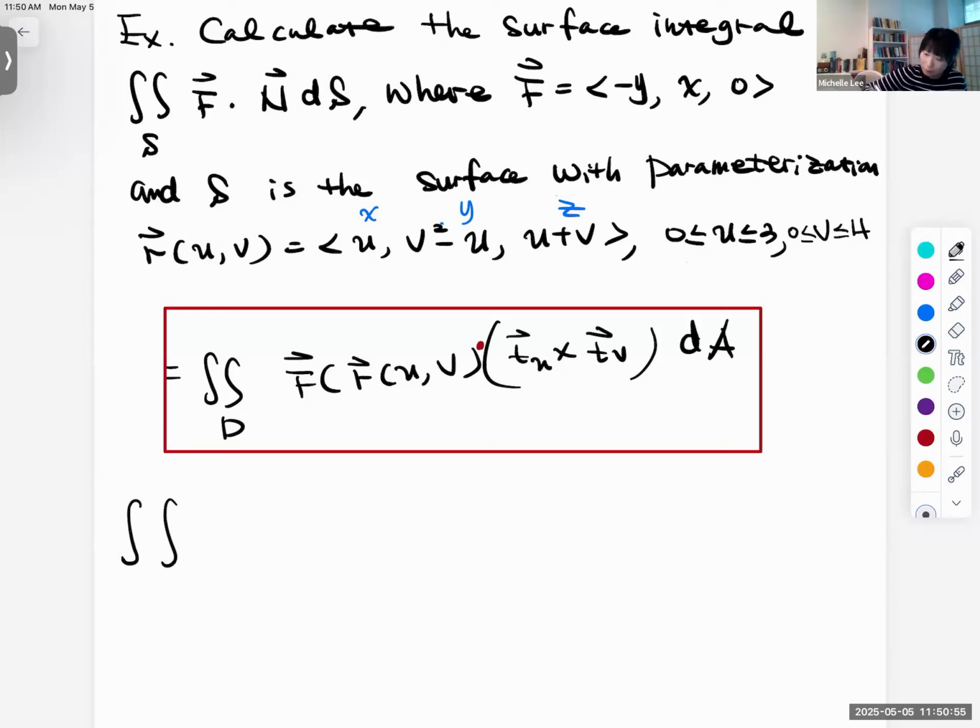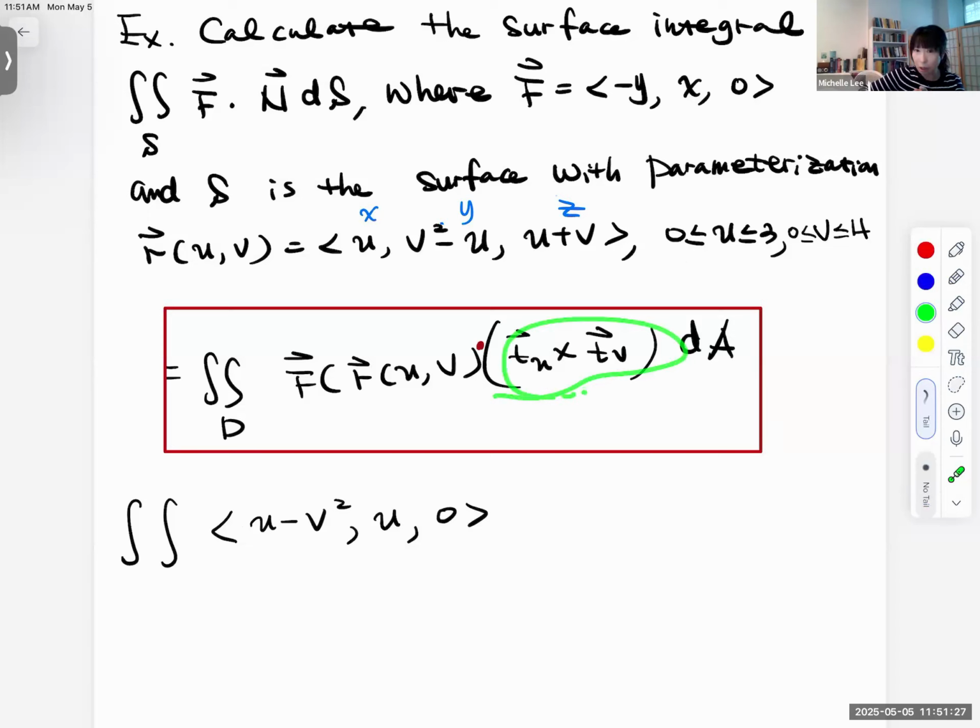Now x is u. So positive u minus v squared, and then x, which is u, and the last one is 0, so keep the 0. And dot product with the cross product of the tangent vectors, right?